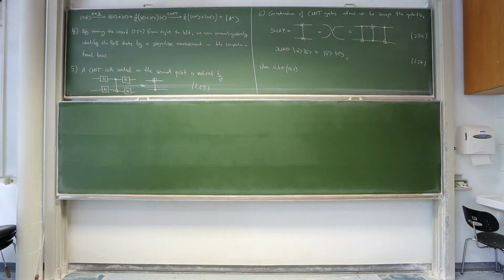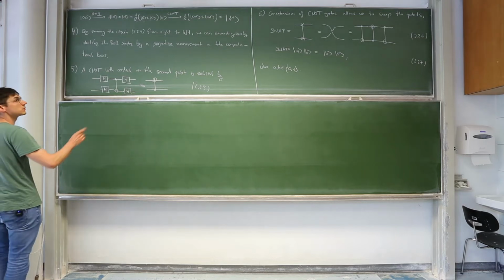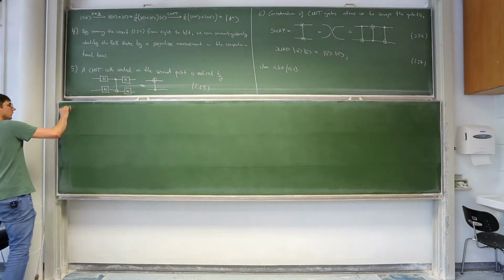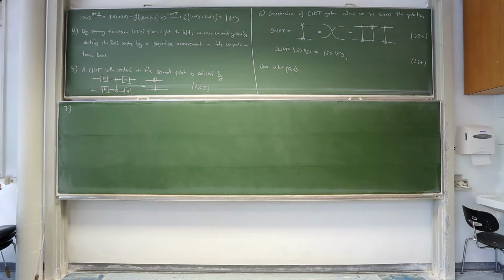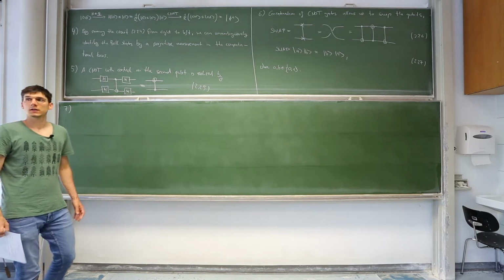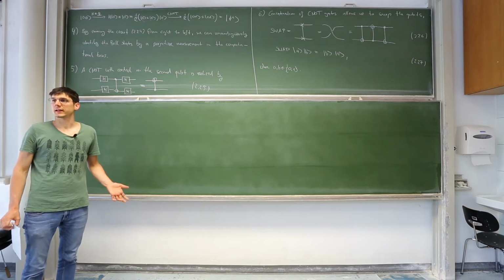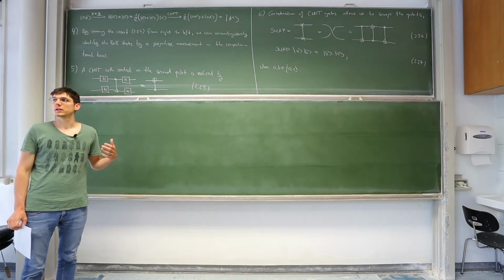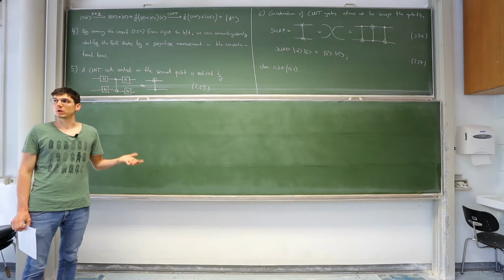Okay, there's one more remark, which is remark number 7. And this is about a CNOT gate, or a controlled NOT gate, which is now controlled on 0 instead of 1.